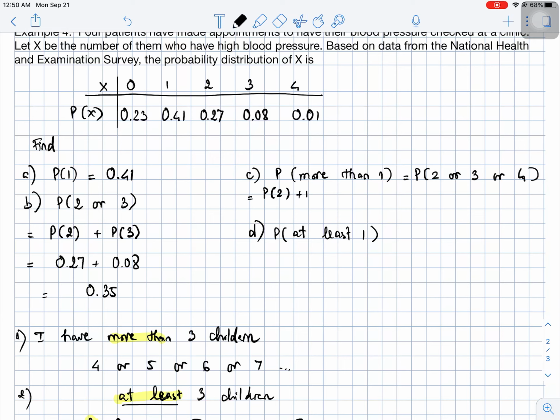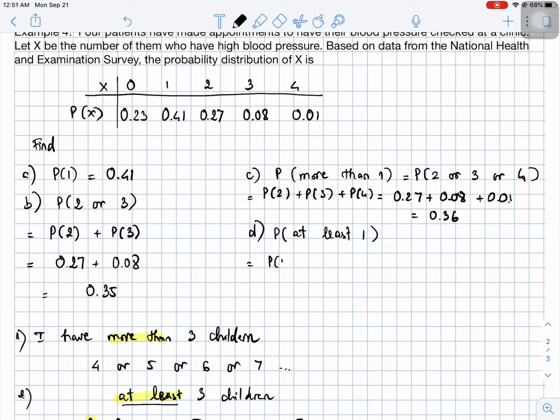We add the probabilities together. So probability of 2 plus probability of 3 plus probability of 4. 0.27 plus 0.08 plus 0.01, then the answer we will get is 0.36.